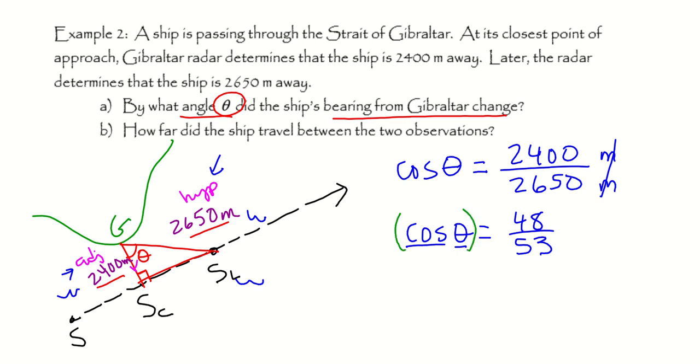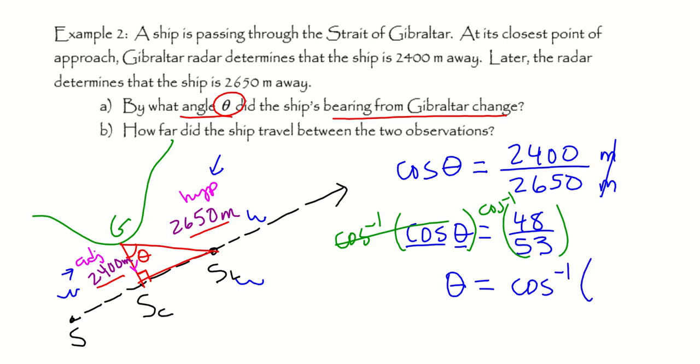So I'm going to take the inverse cosine of both sides of this equation. We can do anything we want to an equation as long as we do it to both sides. Because these are inverses, the inverse cosine of a cosine will give us back the original input, which is theta, and I have theta is equal to the inverse cosine of 48 over 53.